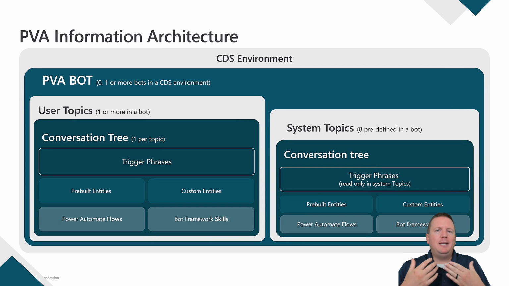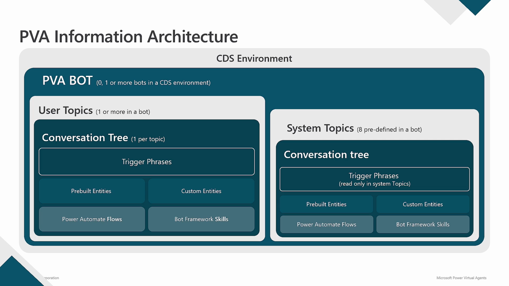When you begin inside Power Virtual Agents, you will create a bot. What you're creating as the unit of work inside Power Virtual Agents is called a bot. And then within those bots, you create topics. The topics that you create can be either user-defined topics that you actually create yourself, or there are system topics.